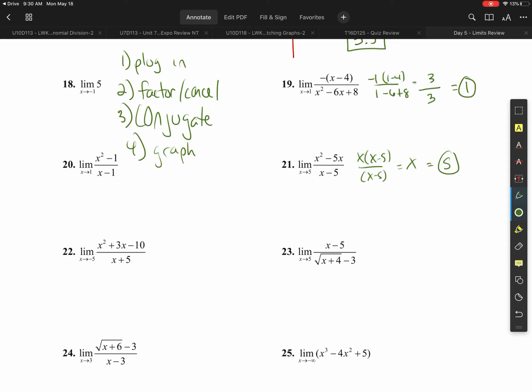23. All right. Can I plug in? I plug in, I get 0 in the denominator. Can I factor and cancel? No. Time for the conjugate. So I have X minus 5 times rad X plus 4 plus 3 over X plus 4 minus 9, which gives us in this denominator X minus 5.